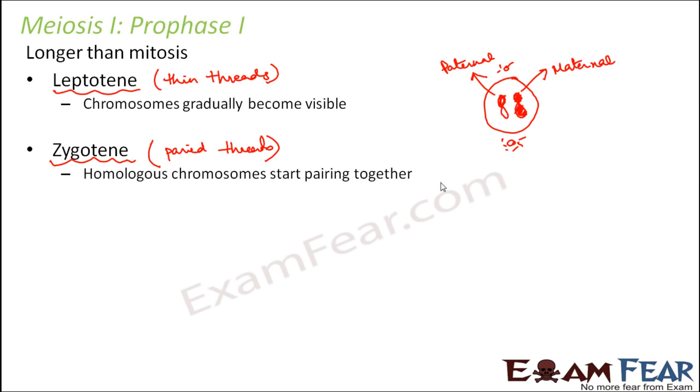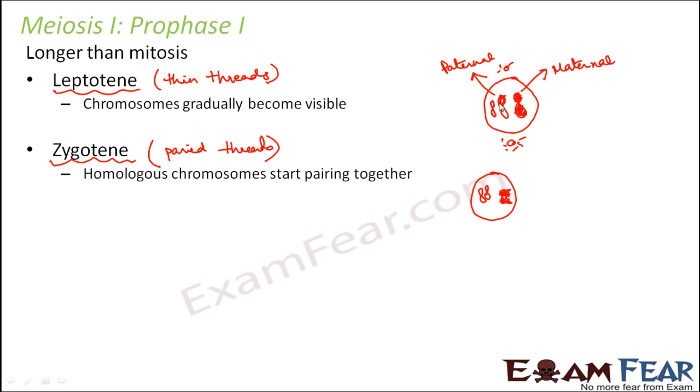How will the homologous chromosomes start pairing up? Something like this. Let us suppose this is one homologous chromosome, this is another homologous chromosome. So this is how they will pair up. This is one set of homologous chromosomes, this is another set of homologous chromosomes.